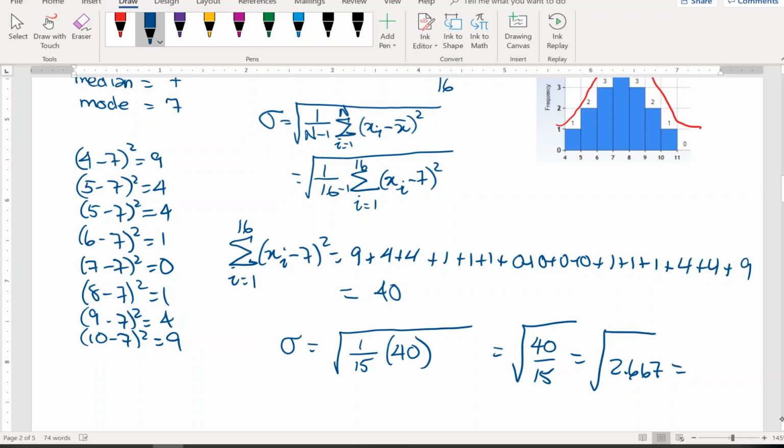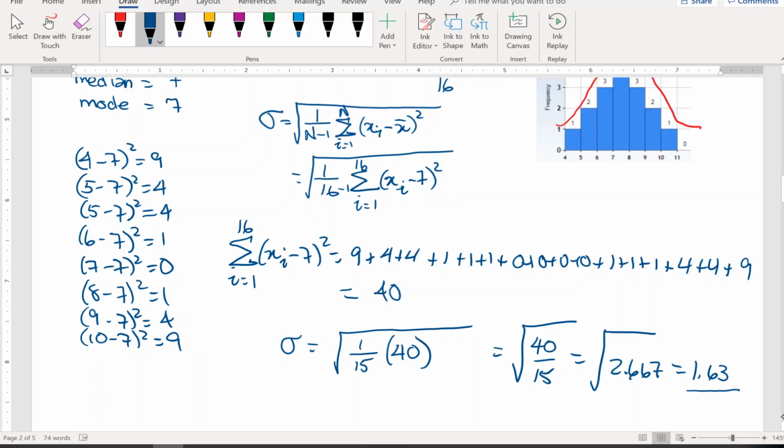When we take the square root of that, we get 1.63, and then it goes on 29 and so on. I'm just going to round it to 2 decimal places. And so this is our standard deviation.